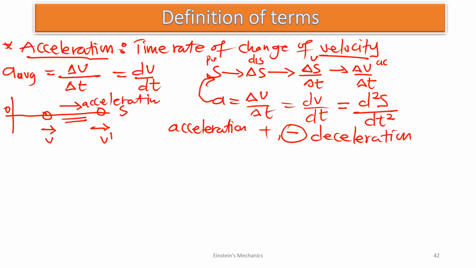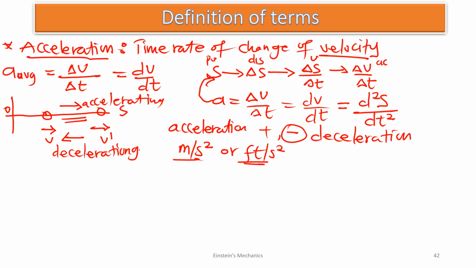For deceleration, it is going to look this way so that we can see that it is decelerating. Are we okay? All right, so this is what we have. It is also measured in meters per second squared or feet per second squared. Pay attention to the units because it will help you define your parameters.